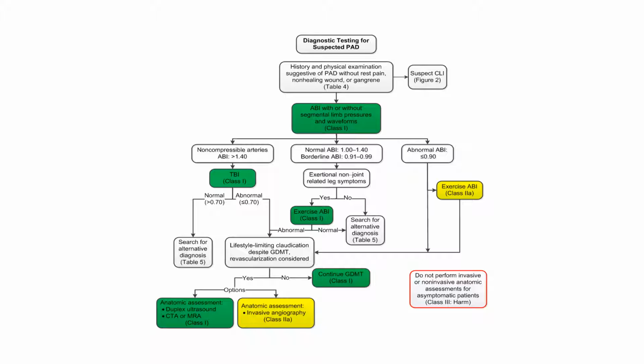They can do an exercise ABI, which will tell more than the resting ABI. And in the red box it says, do not perform invasive or non-invasive anatomic assessments for asymptomatic patients.